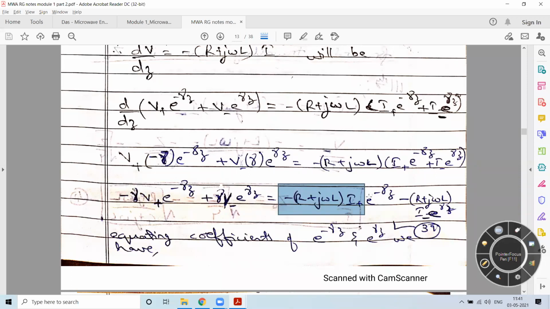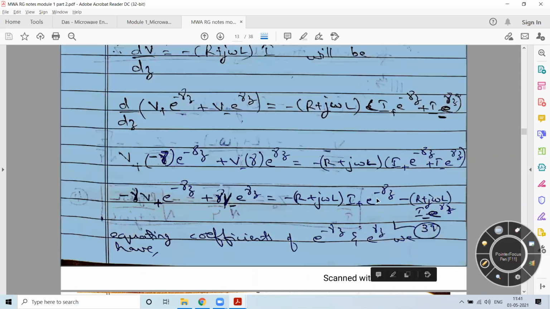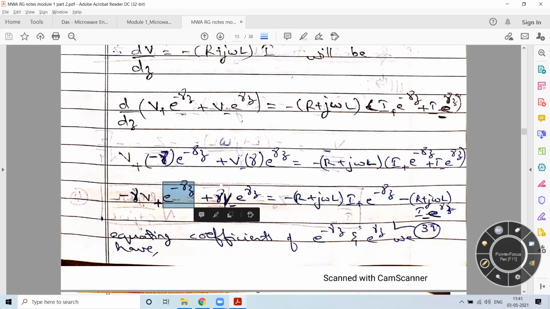I am just comparing the coefficients of the exponential parameters: the coefficient of e raised to minus gamma z on the right equals the coefficient of e raised to minus gamma z on the left hand side.